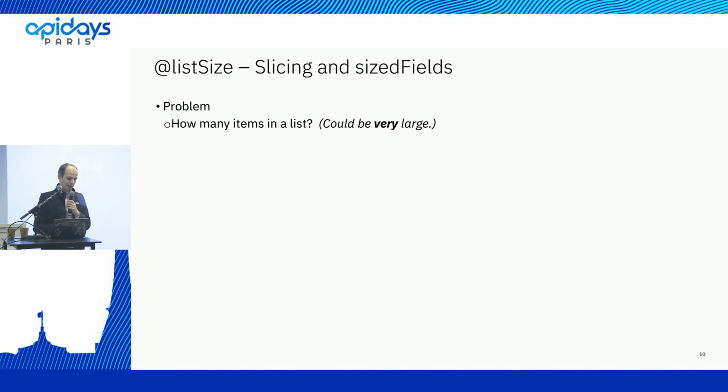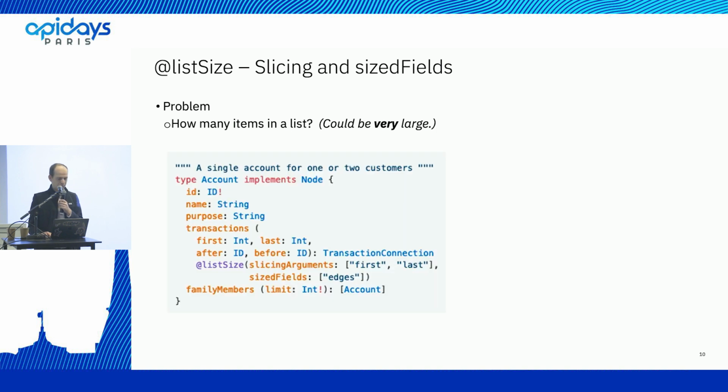A second thing is reducing the size that people request. A list could be huge, could be millions of items. So, list size: you see an argument that we added in the specification. This is also pushed in the public specification, by the way, but we add slicing arguments. We say first, last, and the sized fields are the edges.